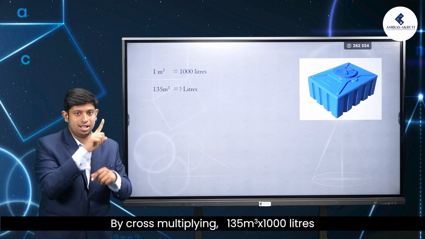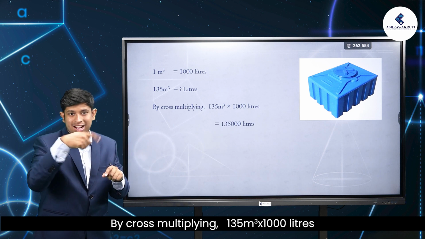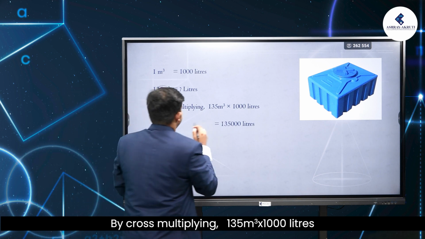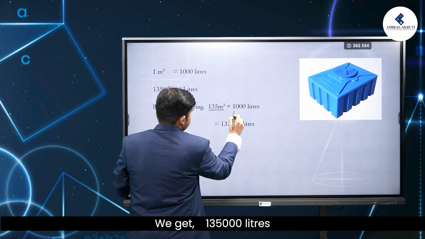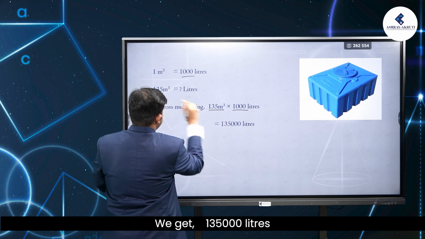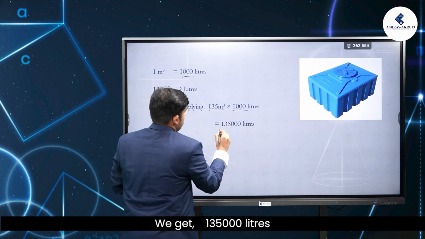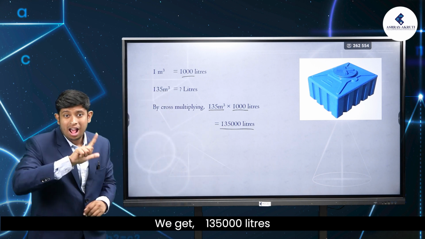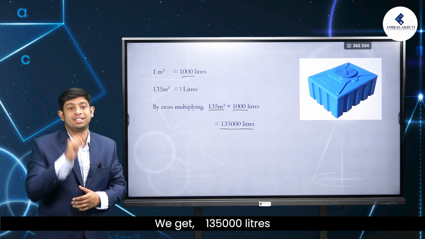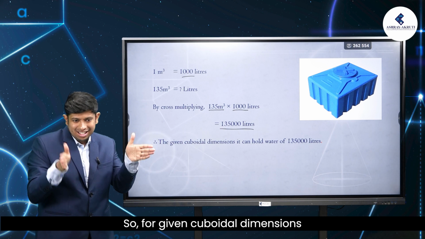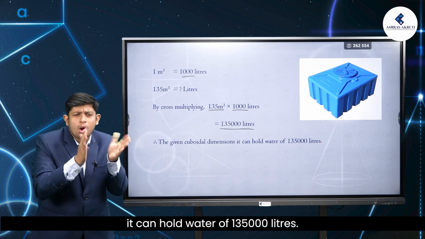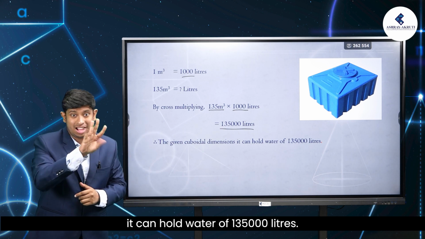By cross multiplying 135 meter cube into 1000 liters, we get 1,35,000 liters. So, for given cuboidal dimensions, it can hold water of 1,35,000 liters.